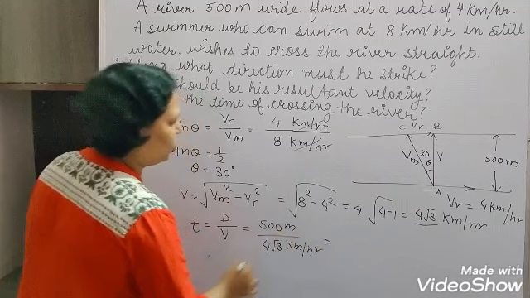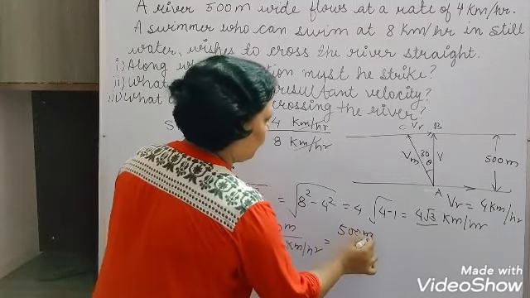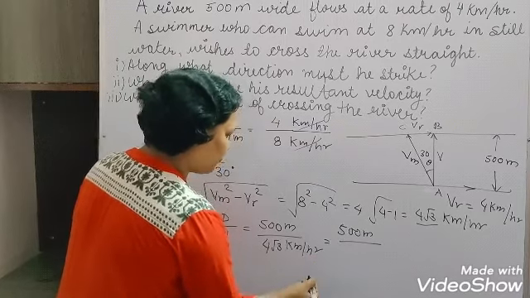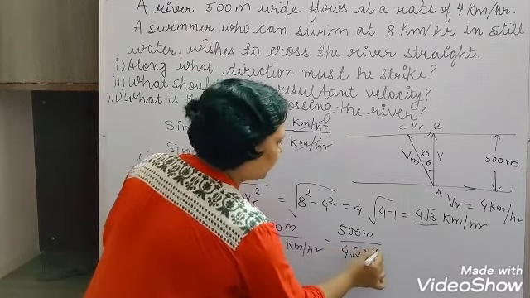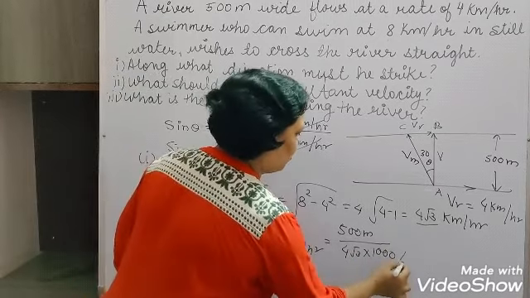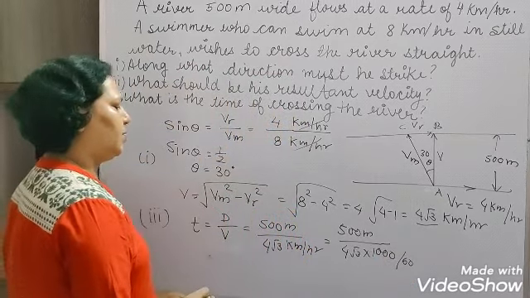So we can simplify it: we'll change the kilometer into meter and the hour into minutes, that is 60 minutes here.